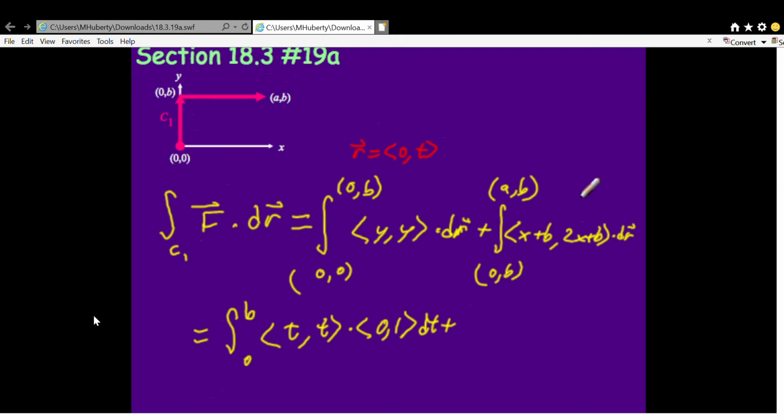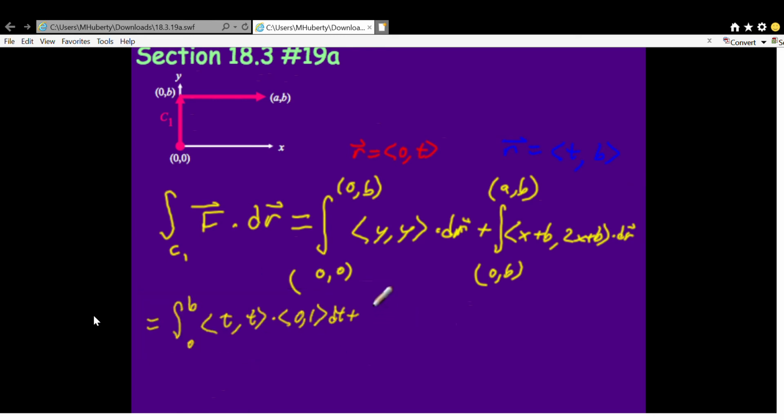Then the second part here, a horizontal path, in that case we can consider the position vector to be (t, b), because the y is constant in that case. And then we get the same idea of F dot dr. So now we're integrating, and the t values here are the x values going from 0 to a, and this becomes (t plus b, 2t plus b).